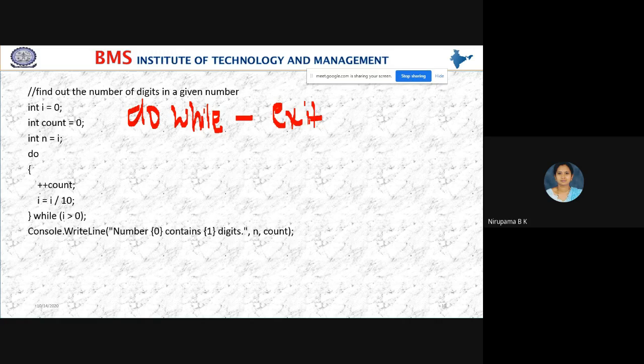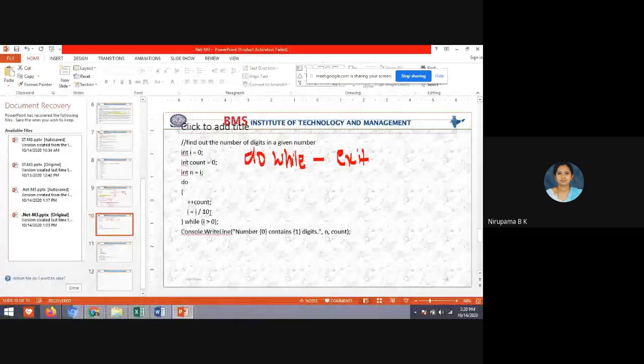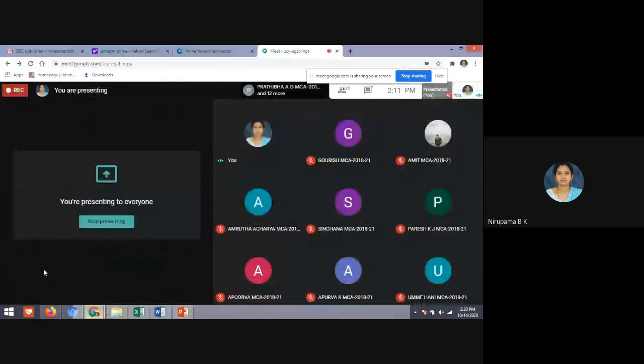What is the reason? Answer please. Why, Prashant? Yes, ma'am. Now, why is it called an exit control loop? The condition will be checked at the last.